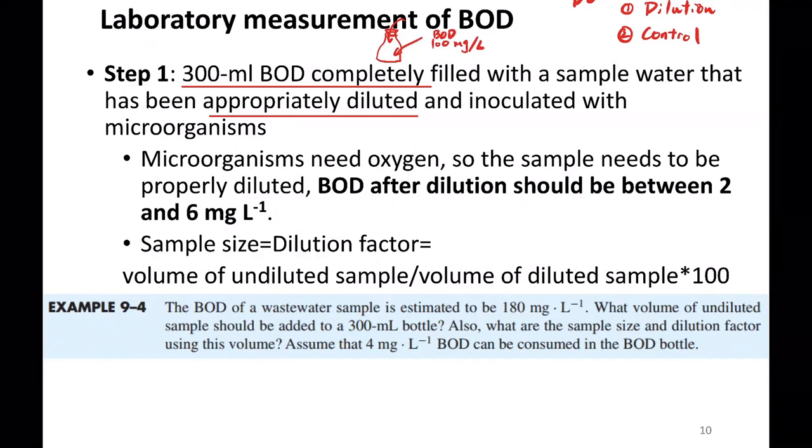What we can do again is to introduce some microorganisms inside to let them decompose the organics inside. But what we also know is that the maximum oxygen concentration is just 8 to 8.5 milligram per liter.